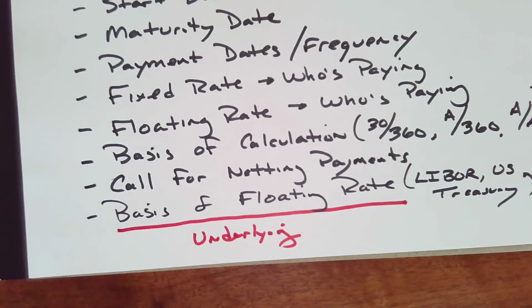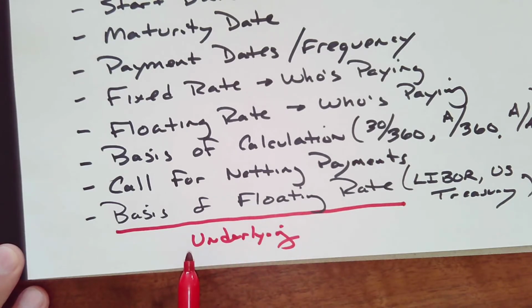Vice versa, if I am receiving floating and the floating rate goes down, I'm getting less money. That means the contract has moved away from me. If I'm receiving floating and the floating rate goes up, I'm getting more money and the fair value of the contract increases. So this is our underlying.